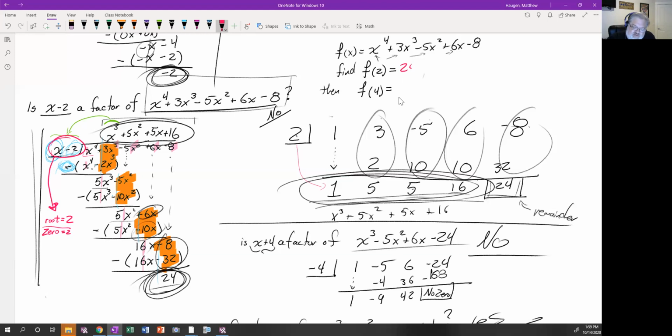Andy, you said you got 24 for that? Does anyone think that's a coincidence? That was the function evaluated at 2 is the remainder when you do synthetic division at 2. Guess what you're going to get for f at 4? Well, if we'd have actually done this, we'd have gotten what, negative 192?